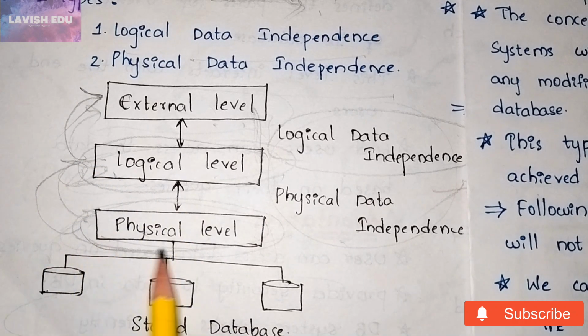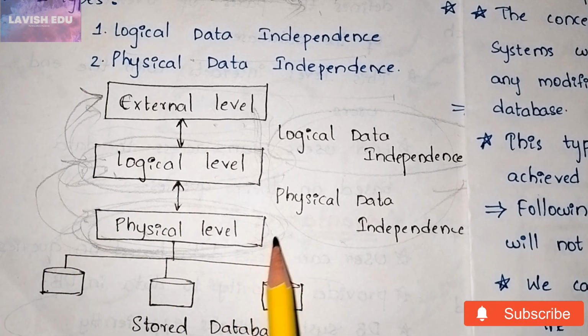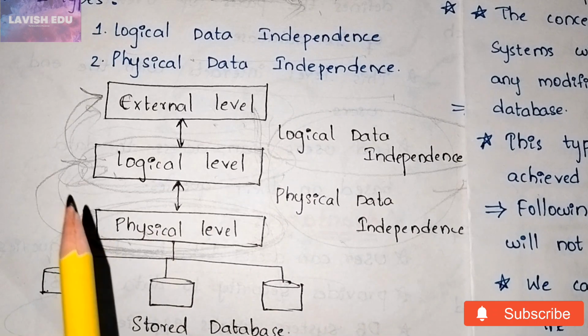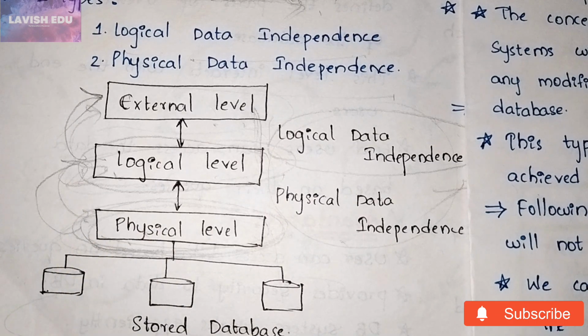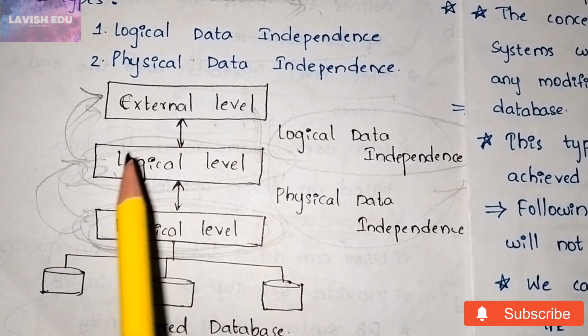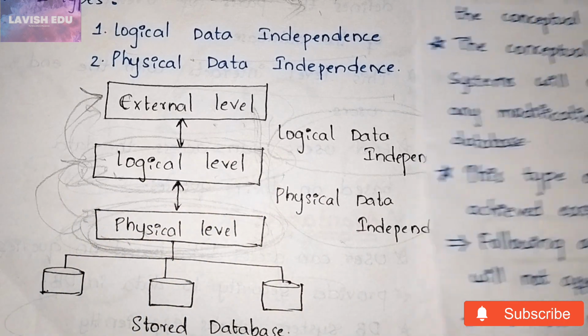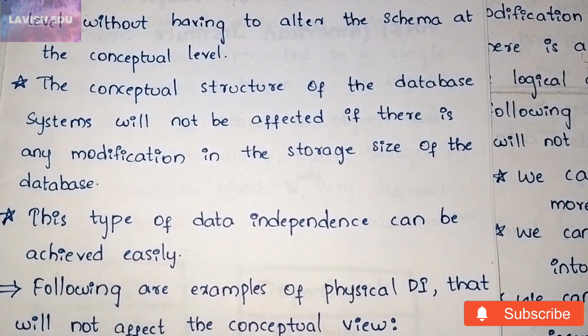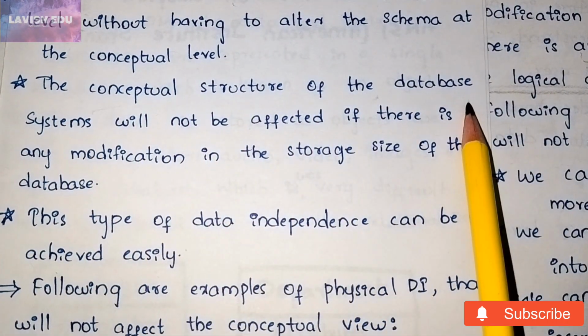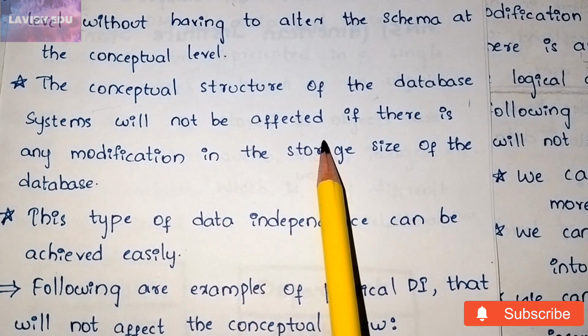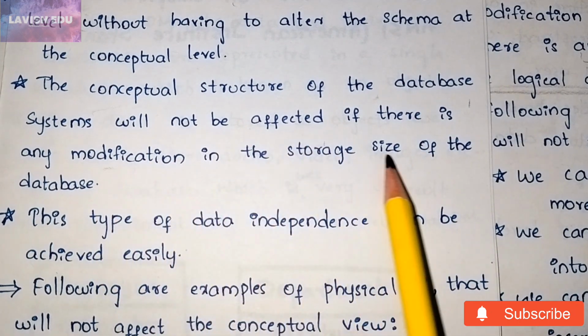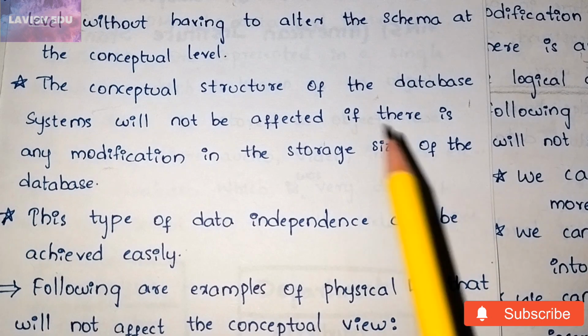So if you change something in the physical level, like the data structure, there is no effect in the logical level. Let's see how it's possible. Here, the conceptual structure of the database system will not be affected if there is any modification in the storage size of the database.